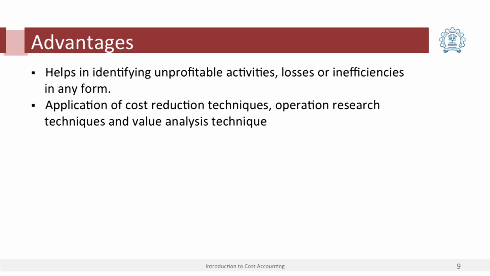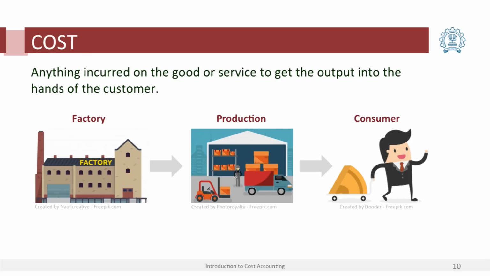Now, here is an example of what is a cost, which anyway most of you understand: this is anything which is incurred on either a good or service to get the output in the hands of the customer. So, you can see a factory production, from the production it reaches the customer. So, it covers all types of costs.